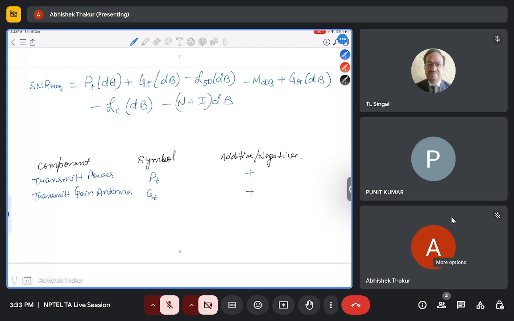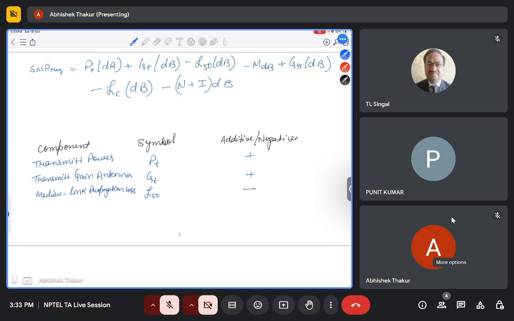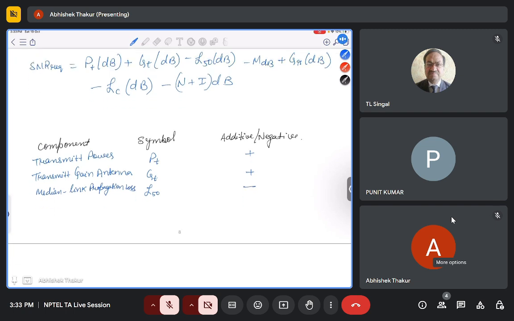The third is the median link propagation loss. This is subtracting from the SNR. The next is margin. Margin also reduces the SNR.